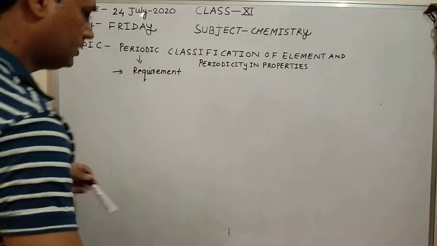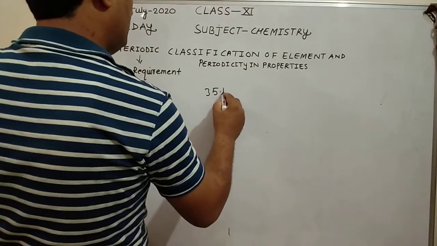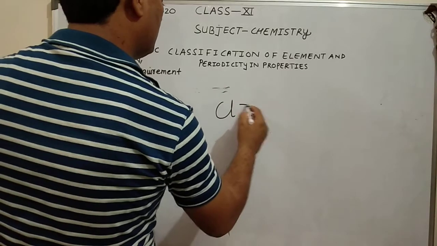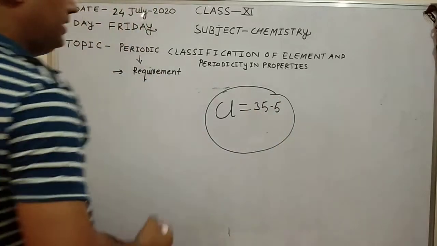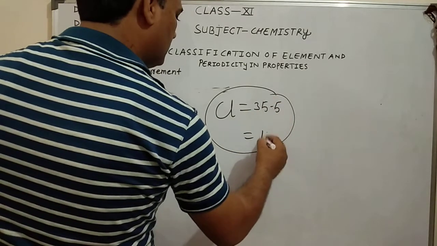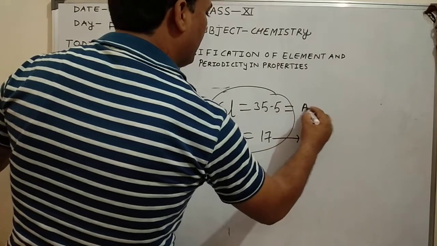For example, atomic mass of chlorine is 35.5, and atomic number of chlorine is 17.